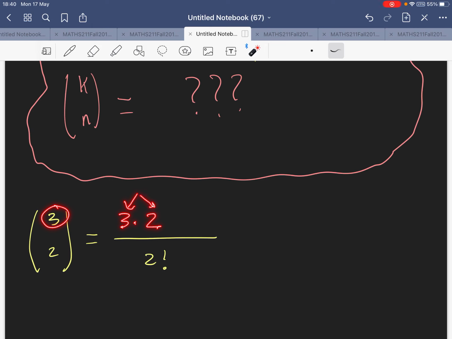Because you need only 2 terms, because this is 2. If this is 1, you will need only 1 term. If this is a 3, you will need 3 terms: you just subtract 1 each time, 1, 2, 3. In this case we need only 2 terms, so it will be 3 times 2, which is 6, over 2, which is just 3.